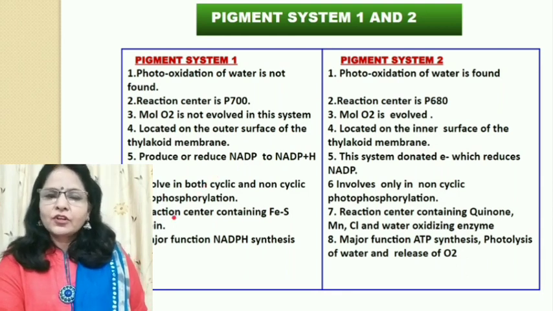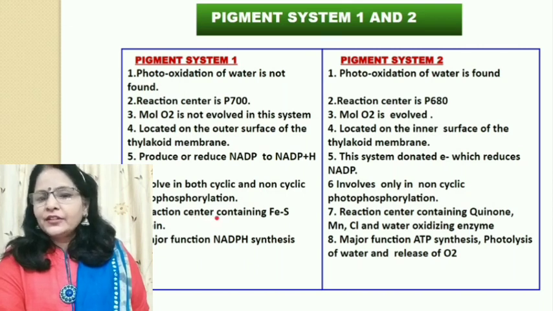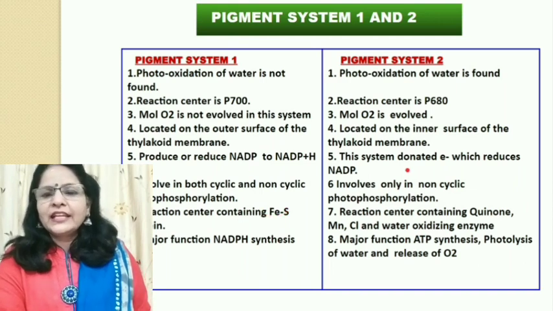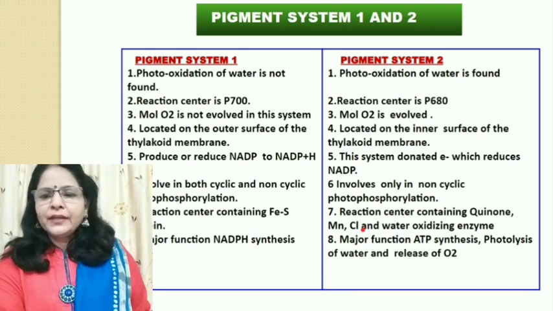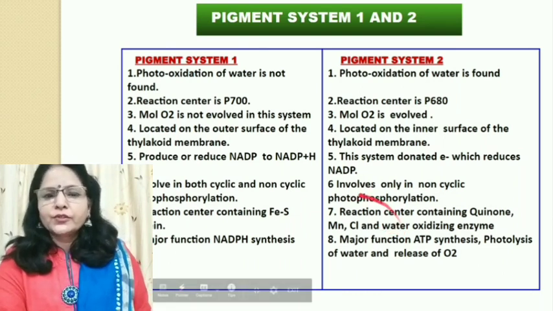They are also called pigment protein complexes. So protein is always found here. The reaction center consists of protein. In PS1, FeS, iron sulfur protein is found, but in pigment system 2, the reaction center contains quinone, manganese and chlorine. They help in the oxidation of water, and a water oxidizing enzyme is also found.